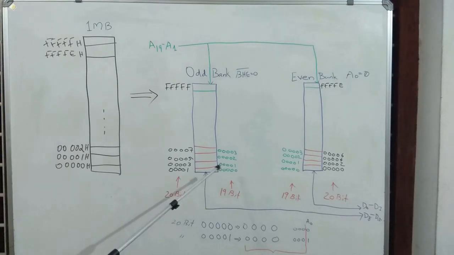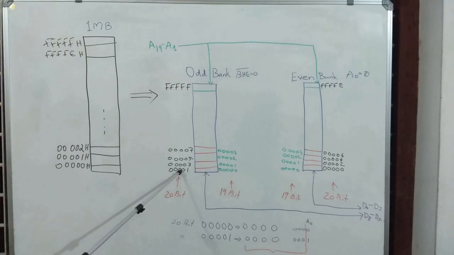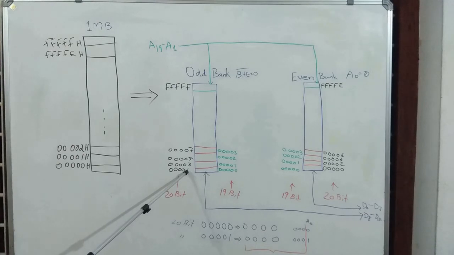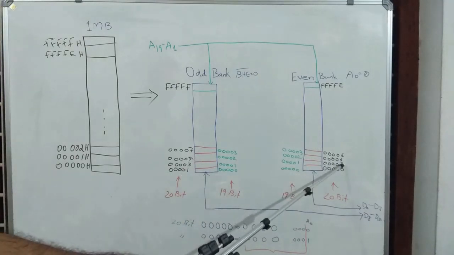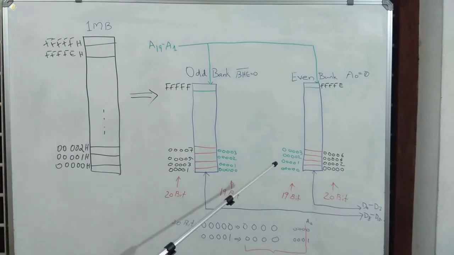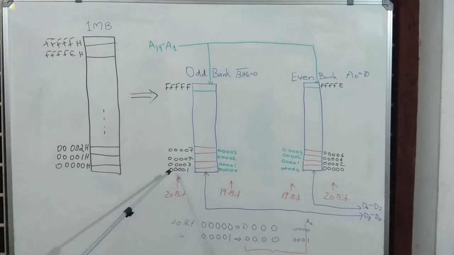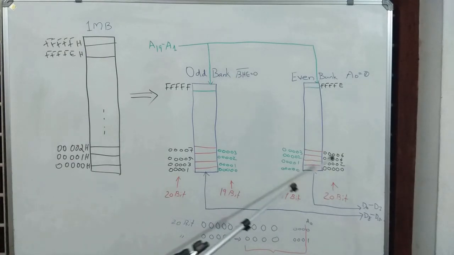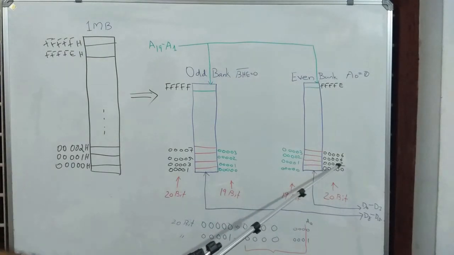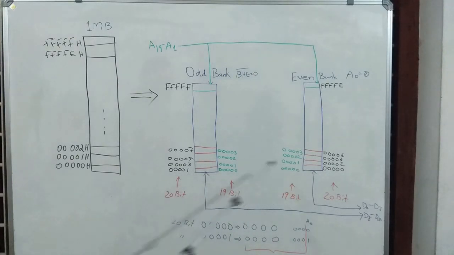But when the word starts at an odd location, suppose the word starts at 00001 and ends at 00002, it will take 2 bus cycles, because for the 20-bit addresses 00001 and 00002, the 19-bit portion, that is A1 to A19, of these two addresses is not the same.